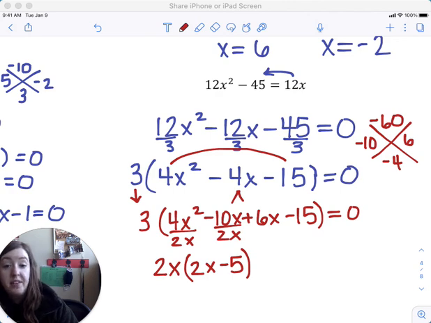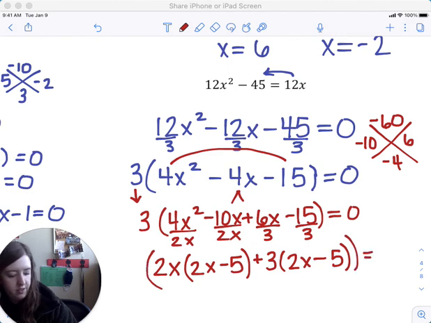The greatest common factor of 6x and 15 is going to be 3. So we'll put plus 3 right here. And we'll divide both of these terms by 3 to find out what goes in the parentheses. 6x divided by 3 is 2x. Then there's a minus sign. 15 divided by 3 is 5.